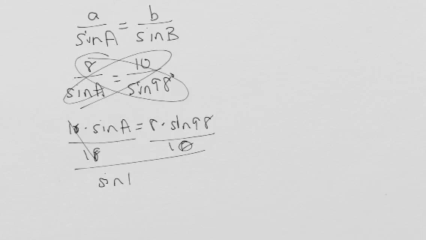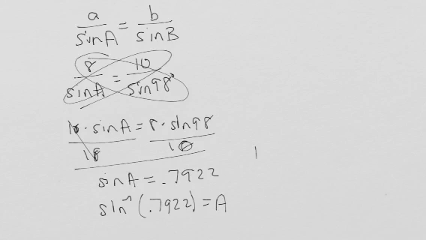We get sine A equals 8 times sine 98 divided by 10, which is roughly 0.7922. Then on your calculator, when you're looking for the angle, do inverse sine of 0.7922, and that will give us angle A. It turns out that angle A is 52 degrees.